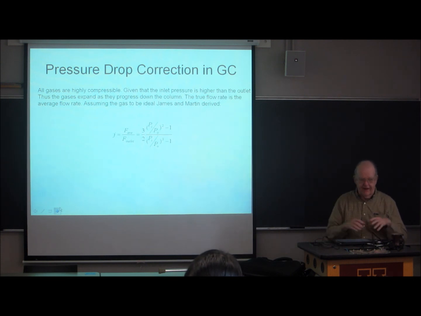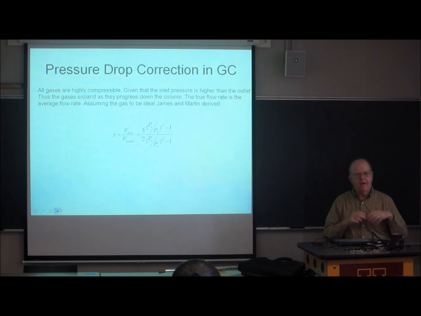These are both what we do in GC and LC. But GC's got a problem that LC doesn't have. The mobile phase in liquid chromatography is essentially non-compressible. But the gas, the mobile phase in GC, is an ideal gas. And an ideal gas is a very compressible thing. You've got a pressure drop along the column.